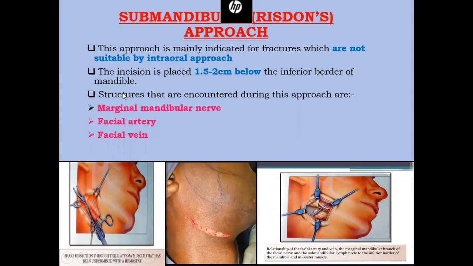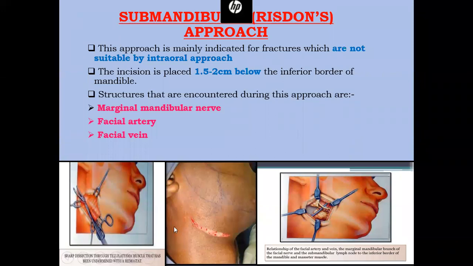The incision is placed 1.5 to 2 centimeters below the inferior border of the mandible. Why do we do this? Because of the structures that we encounter while giving the incision, which are the marginal mandibular nerve, which is a branch of the facial nerve, the facial artery, and the facial vein. Here in this diagram we can see the relationship of the facial artery, the facial vein, and the marginal mandibular branch of the facial nerve.